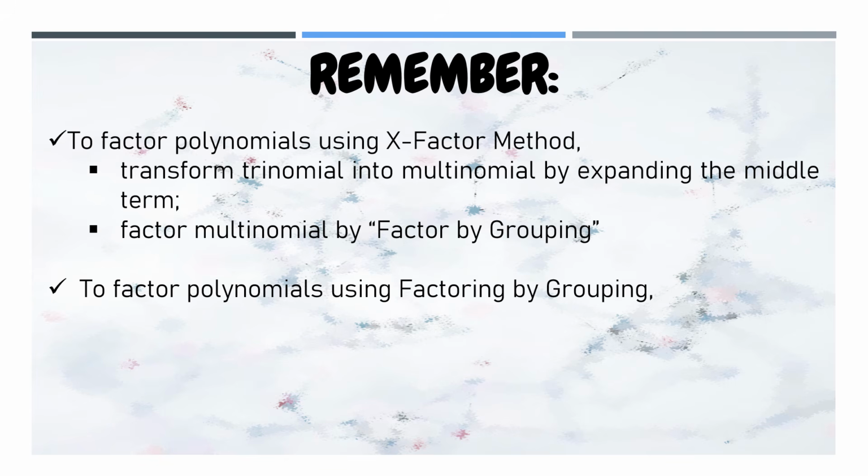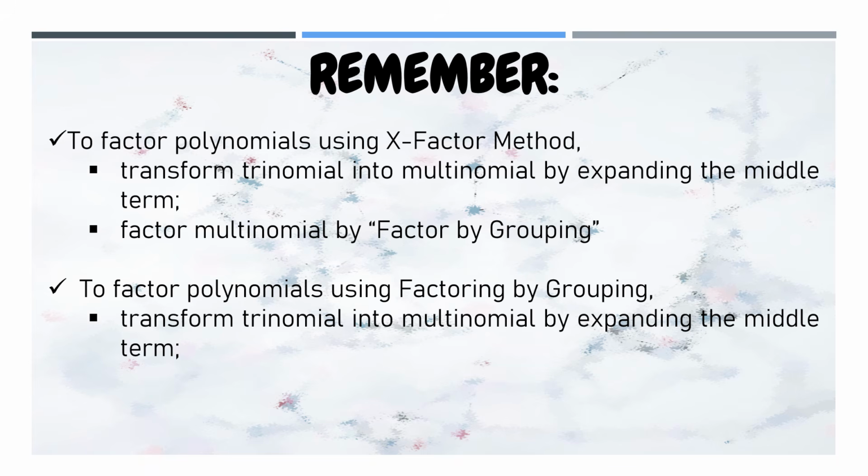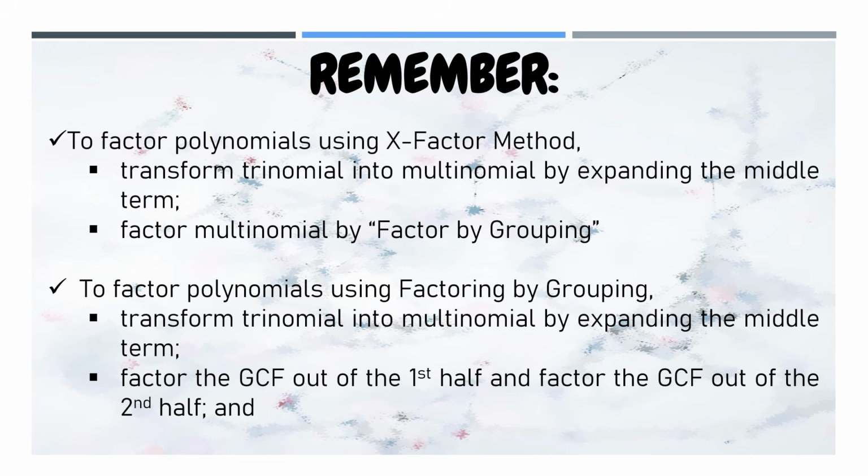Next is to factor polynomials using factoring by grouping. So, first is to transform trinomial into multinomial by expanding the middle term. So, katulad lang siya ng X-factor method. Palagi natin i-expand yung middle term. Magiging dalawa yung middle term. And then, factor the GCF out of the first half and factor the GCF out of the second half.